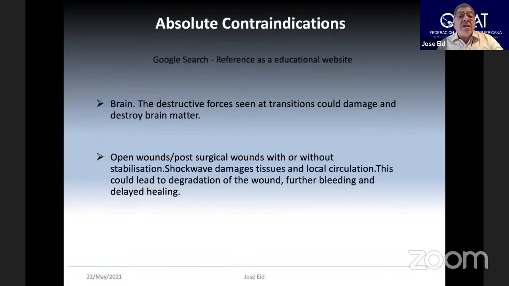They say, for instance, that there are absolute contraindications in the brain or for some open wounds. And we could see with Danielle's presentation that in open wounds, diabetic or non-diabetic ulcers, for instance, we have standard indication for these treatments.